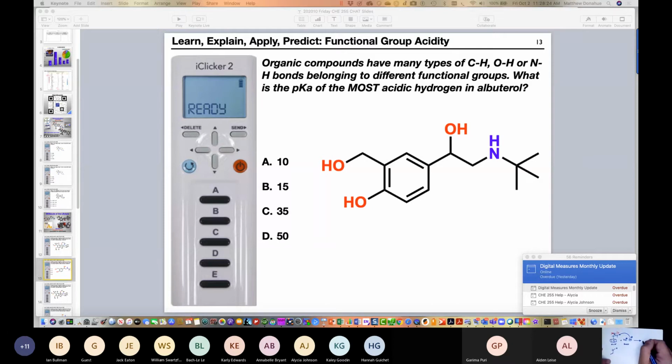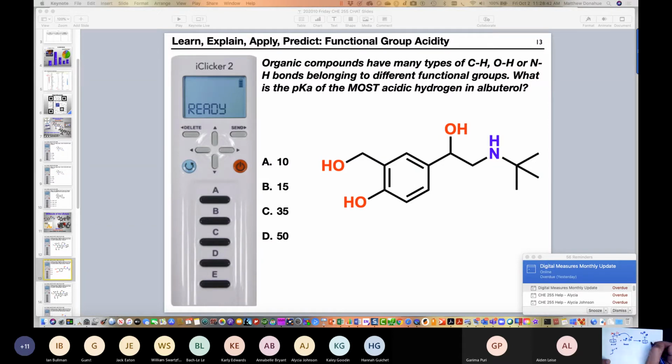When we draw the products of this, this oxygen now has a negative charge. The sodium is a spectator ion that balances out the negative.